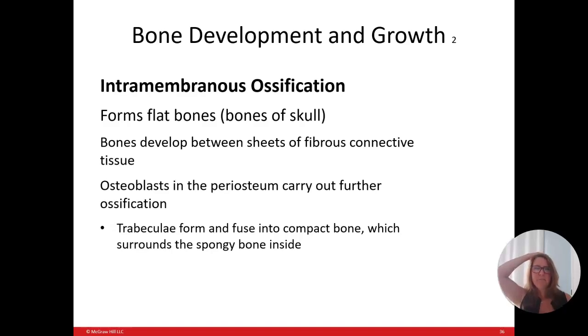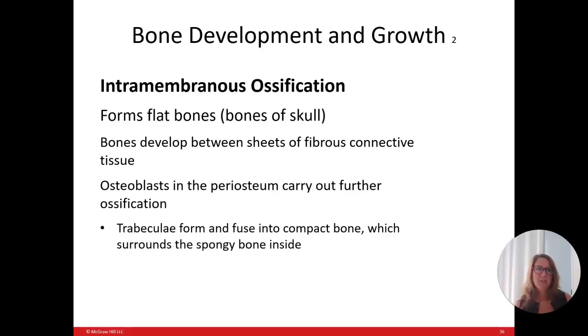There were sheets of fibrous connective tissue, and then essentially those osteoblasts are going to come in. I don't care if you remember it's the periosteum, but essentially those osteoblasts in that layer of the bone, not the very outside layer, but near that part of the compact bone, are going to carry out bone formation, ossification.